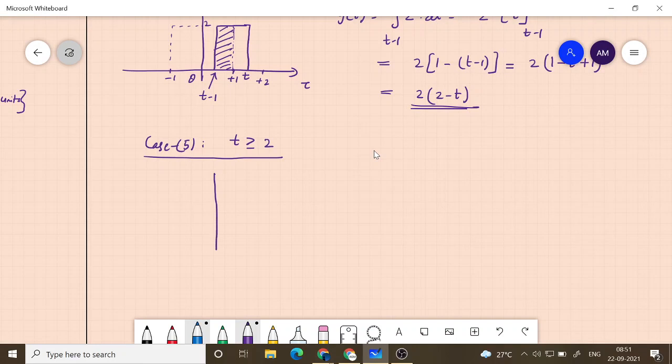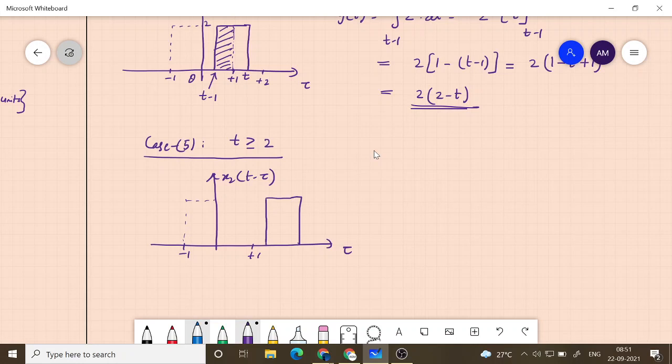So if I draw x2 of t minus tau in that case, this is -1 and this is +1. Originally the function started at -1, but if I shift it more than 2 units to the right, it will go somewhere here.